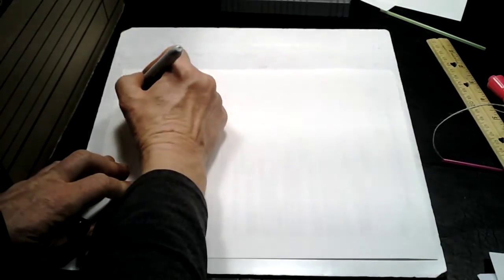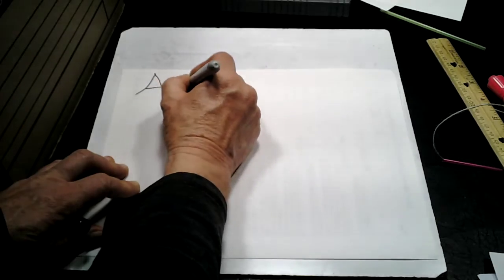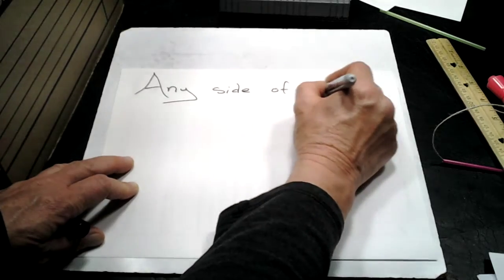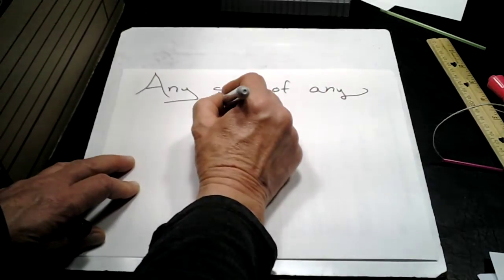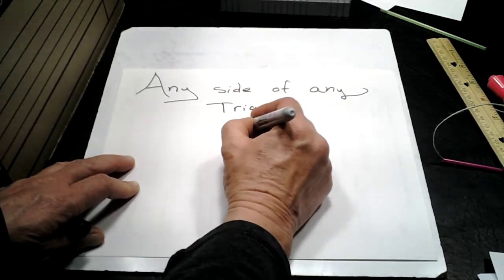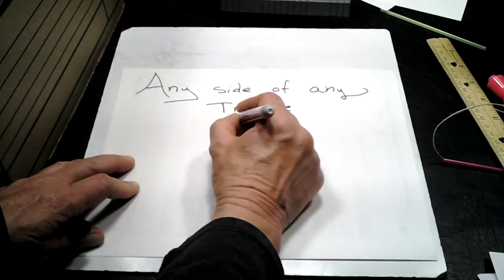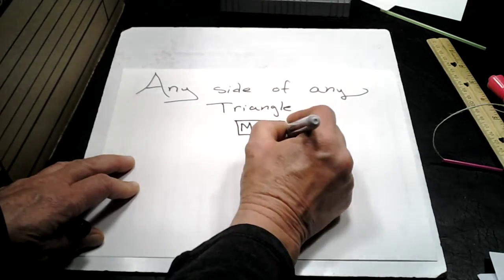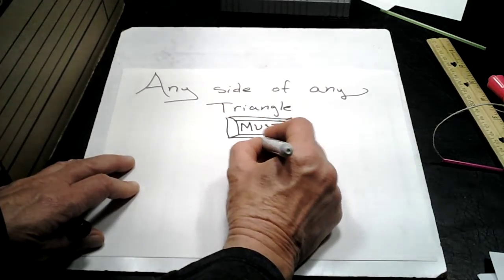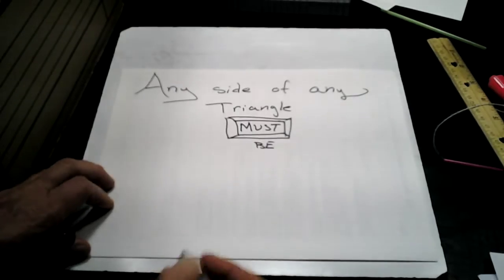So, basically, the triangle inequality theorem states this. It says any side, and you should write this down, any side of any triangle must be, and then there's two qualifications.